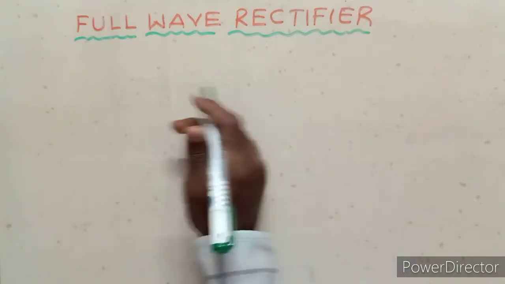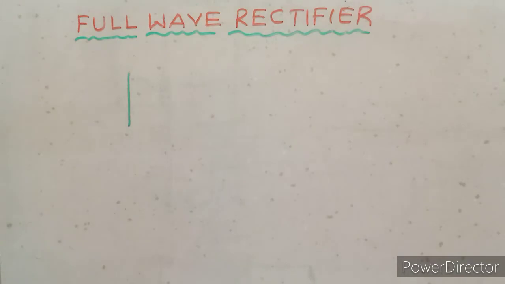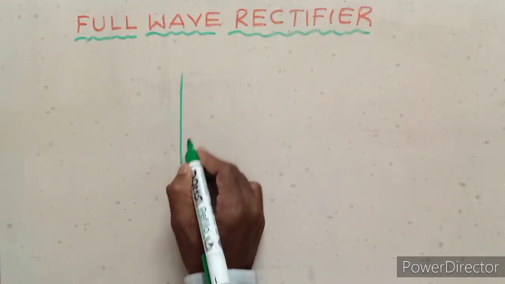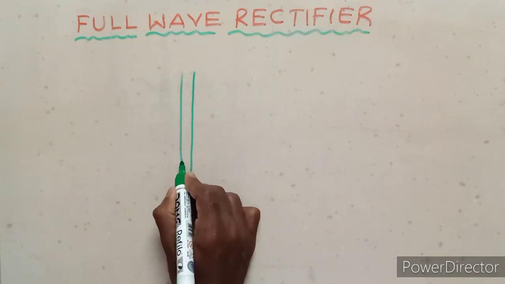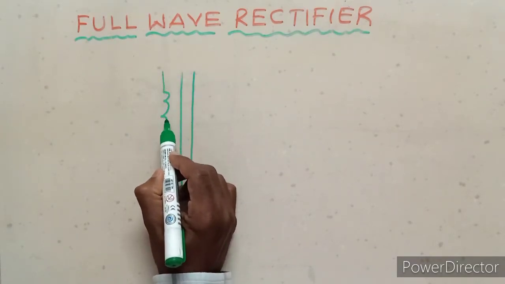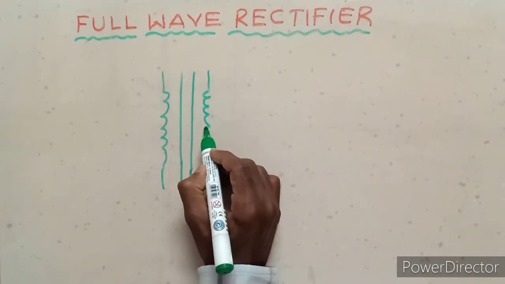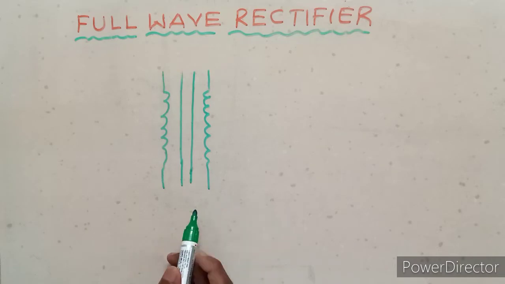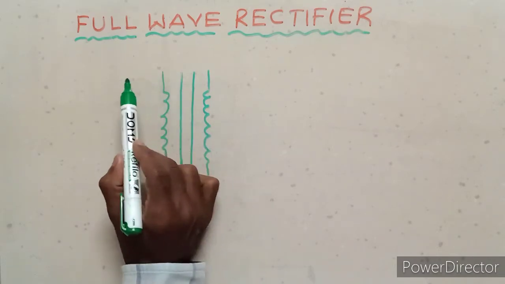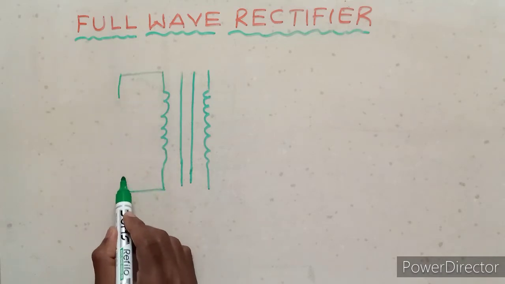Now we observe the circuit diagram. First of all, we use a transformer. This is the primary coil, this is the secondary coil. Primary coil is connected to AC input voltage.